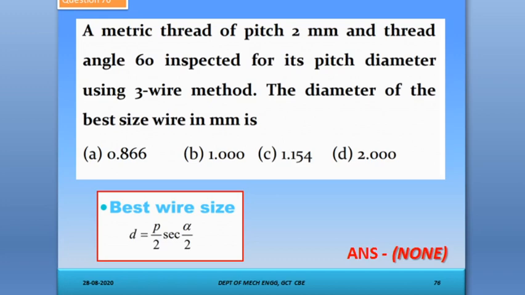The best wire size D is the same for 2 wire or 3 wire method, P by 2 secant of alpha by 2. The 4 options are given, and no one is matched with this. Here pitch is equal to 2 millimeter, alpha equal to 60 degree.